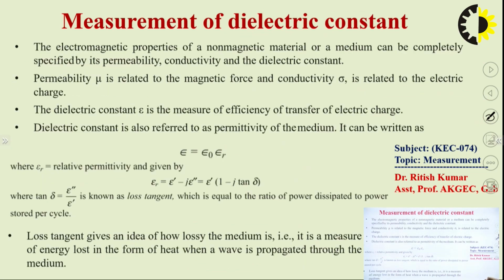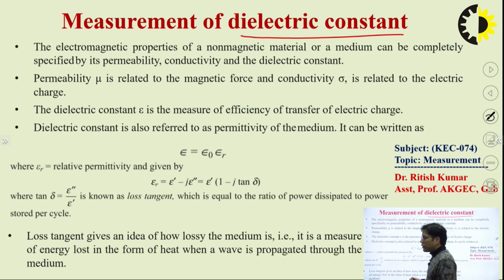Next, measurement of dielectric constant. If we talk about a material, it can be characterized by properties such as conductivity, permeability and permittivity. Permittivity is nothing but the dielectric constant of the material.